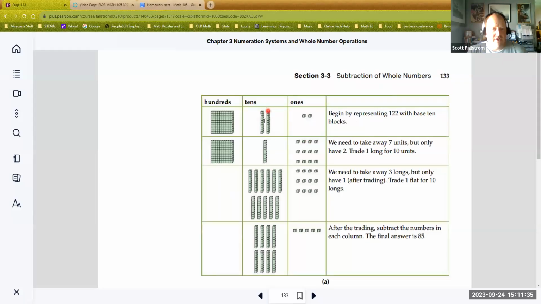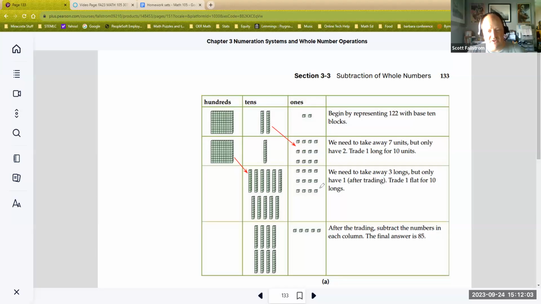So trade one of your 10s for 10 additional ones. Don't take anything away yet, though. Then you can say, okay, now I need to take away 3 longs or 3 rods, but I only have 1. So swap your 100 for this. You're taking one of these, swapping it out here, take one of these, swapping it down here. You're doing all the trading first. Once you have everything traded, then you go through and do the actual subtraction.